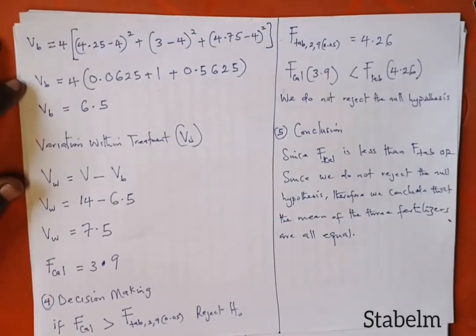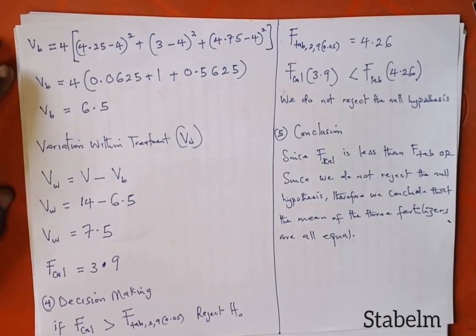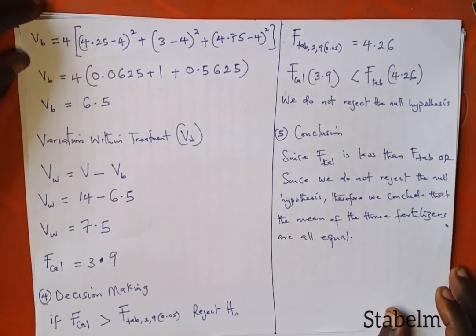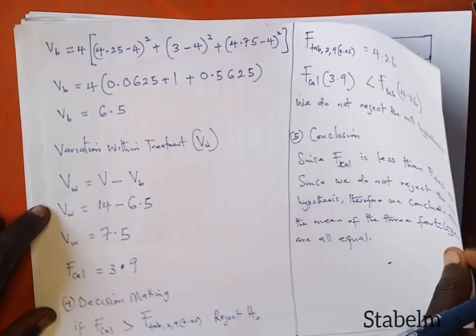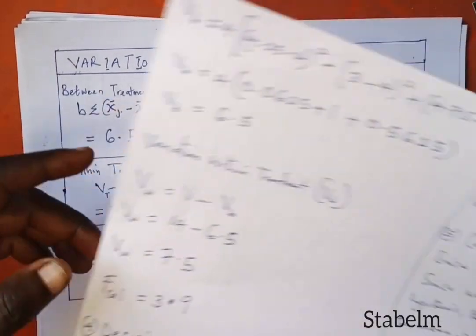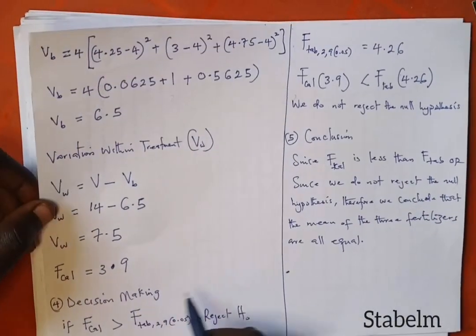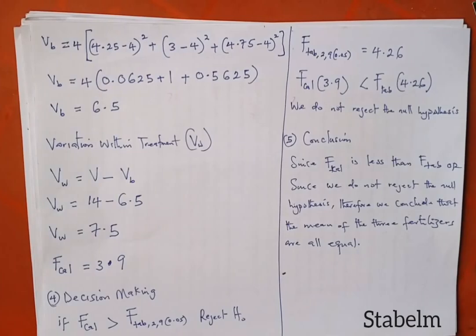This is our conclusion. You can see we break it down step by step. Step 1, we state the hypothesis. Step 2, we state the level of significance. Step 3, we find the F calculated using the analysis of variance table. Step 4, we make a decision, and step 5, we make a conclusion based on our decision.